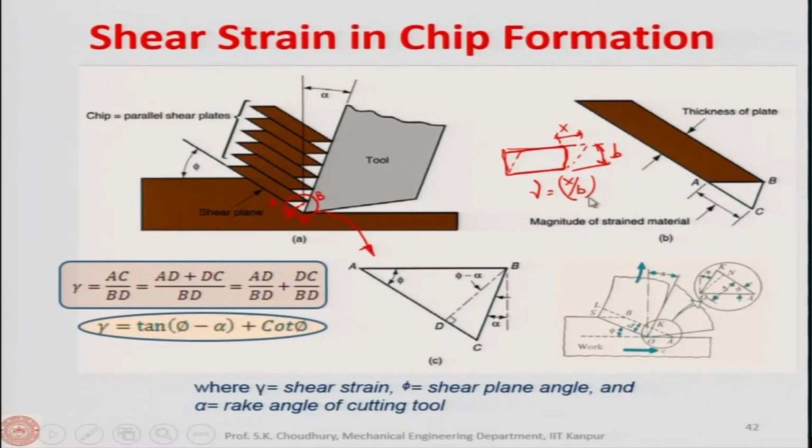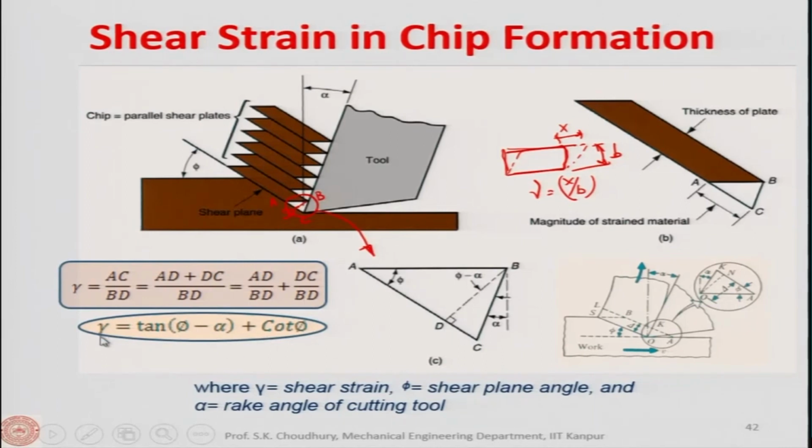So shear strain is x by b, which is AC by BD, and AC is equal to CD plus AD. Then dividing, AD by BD and DC by BD, we get that the shear strain is equal to AD by BD plus DC by BD. From this triangle, AD by BD is equal to tan of (phi minus alpha), and DC by BD will be cot phi.